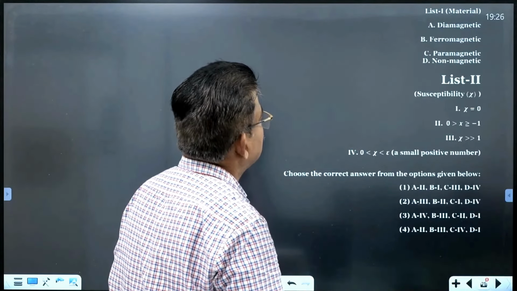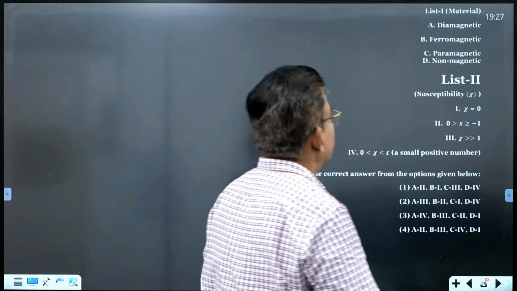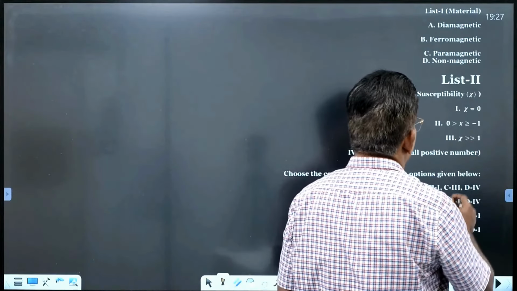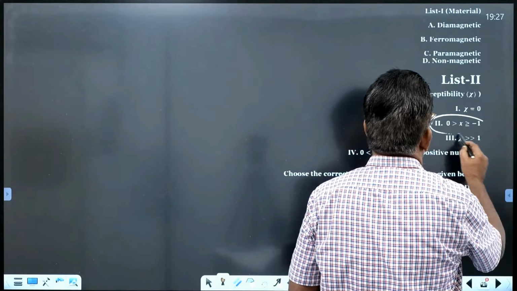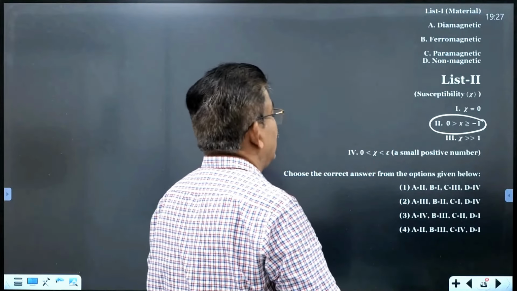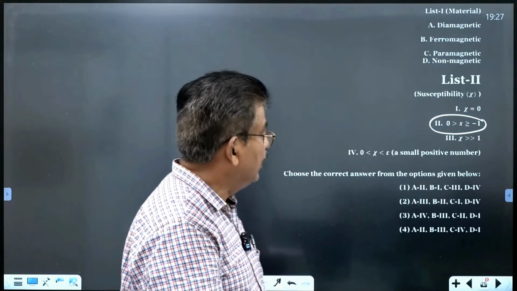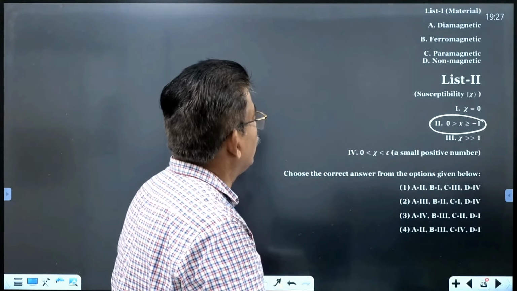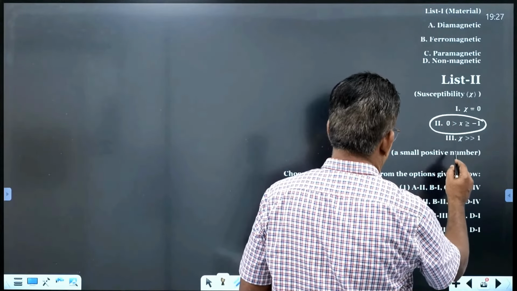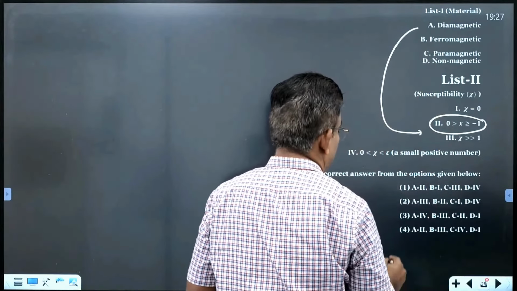Now, next one, match the following. Diamagnetic substance, its susceptibility is between 0 and -1, with -1 for a perfectly diamagnetic substance. So A matching with 2.